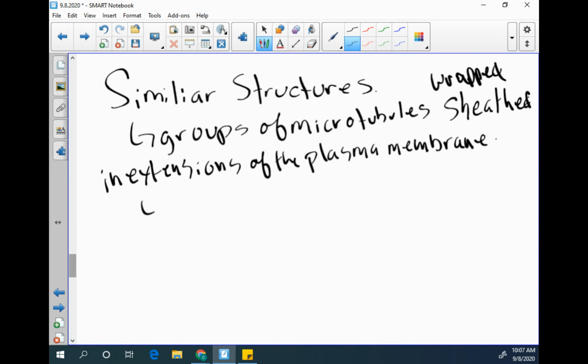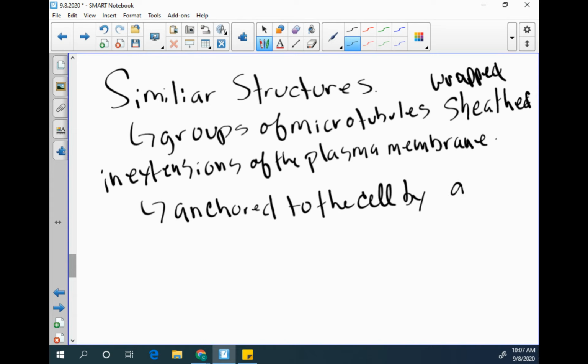They are both anchored to the cell by something called a basal body. Basal bodies are shaped like a centriole.